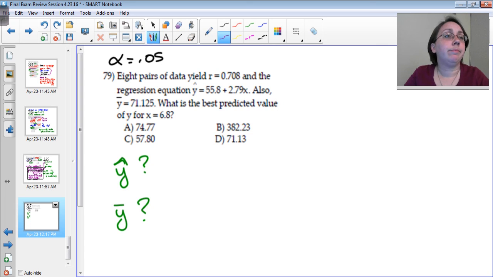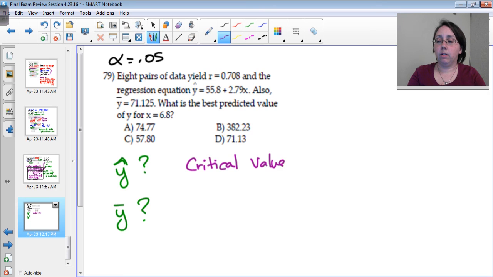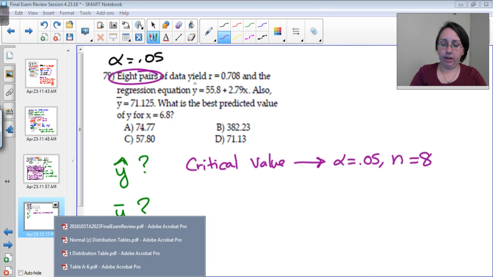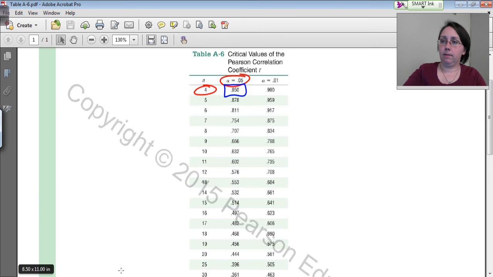R compared to critical value. So let's go find our critical value. So if alpha equals 0.05, and we also need n for our table. What's our n? 8 pairs. So let's go to our table. 0.05 and 8.